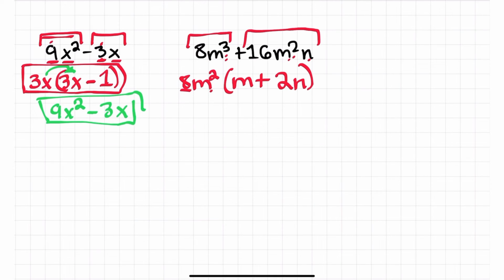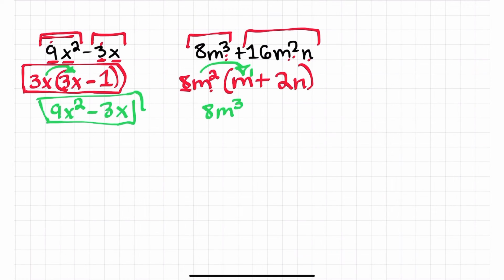Now let's work it out. 8m squared times m will give us 8, and the exponents, there's always a 1 if it's by itself. When we multiply powers, we add the exponents, that's the rule.